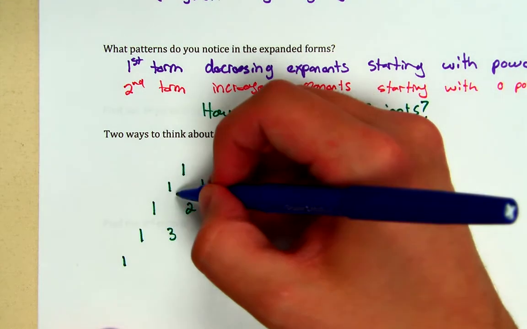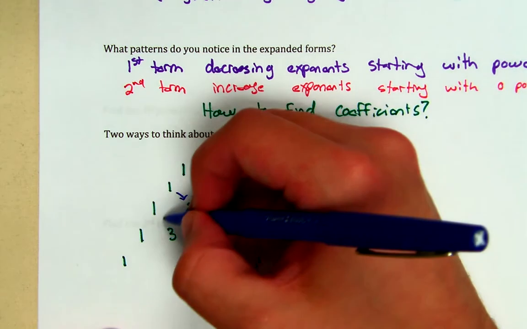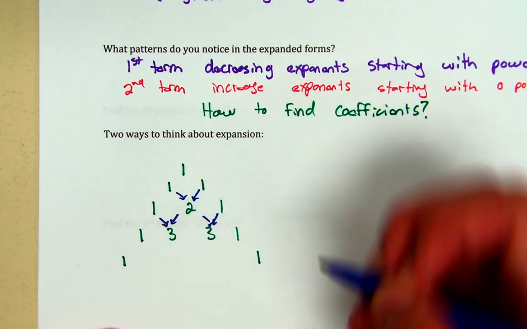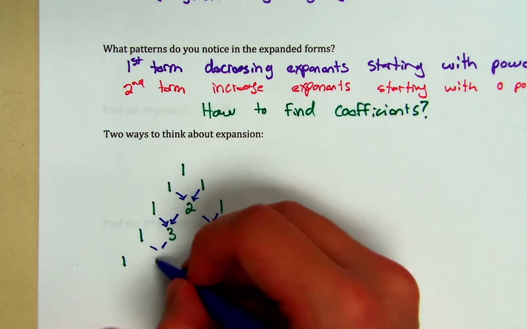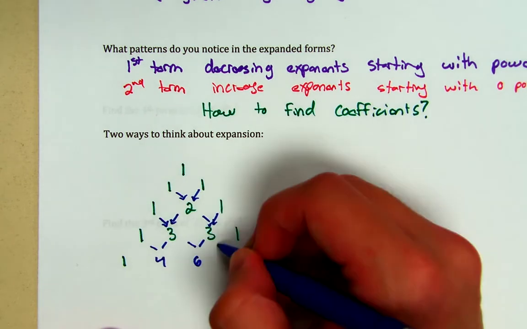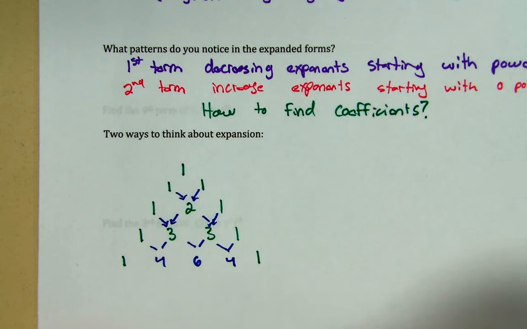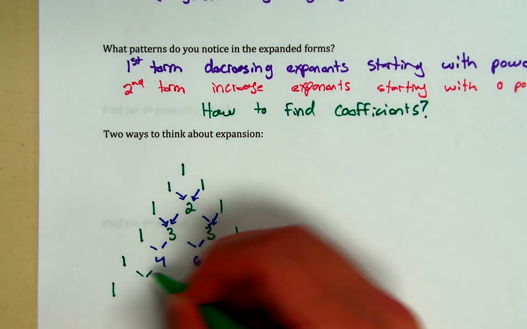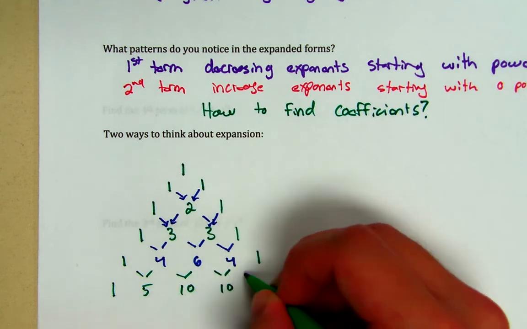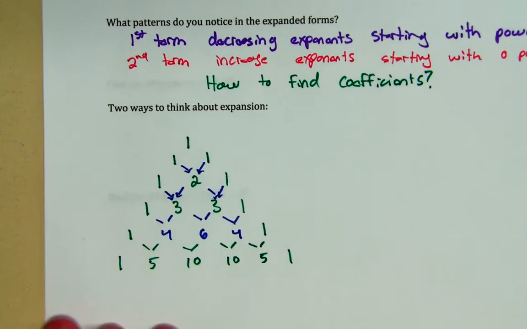Well, if you take 1 and 1, add them together, you get 2. If you take 1 and 2, add them together, you get 3. If you take these together, I get 4, but now I have a middle number, 6. And then I have 4 again. So notice there's a pattern that's kind of emerging here. 1, again, take it together, you get 5, 10, 10, 5, and then your 1 on the outside. And I can keep going.